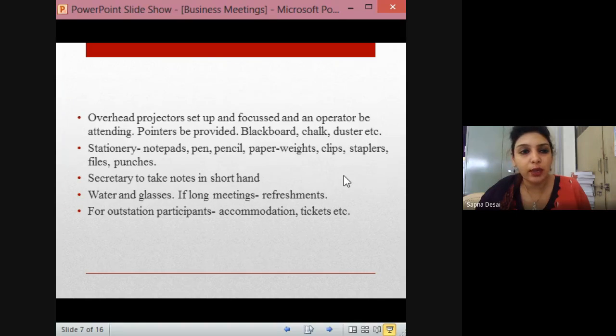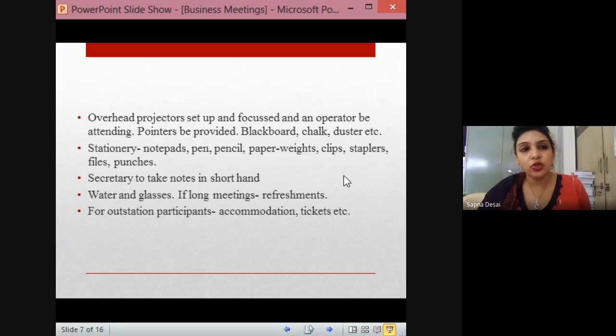So this is very important: before starting the meeting, the secretary is already informed that he or she has to take notes. The secretary will not write in long sentences, but in a manner which he or she can understand.